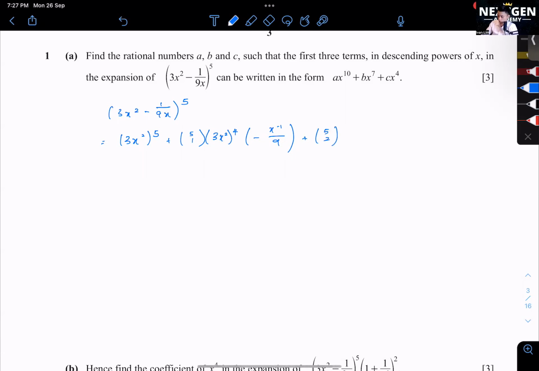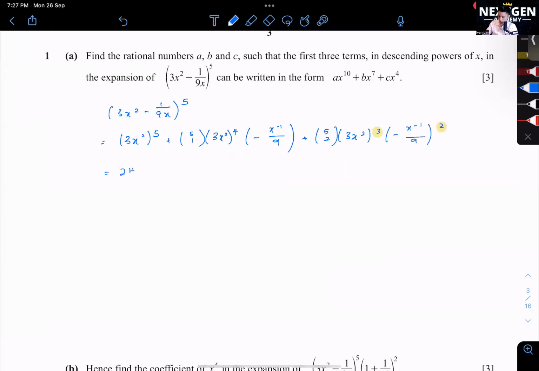Then 5C2 (3x squared) cubed times (minus x to the power of negative 1 over 9) squared. One note I always remind you: always look at your total power and make sure it adds up to the n value, the original power. That's one of the indicators to check whether you're correct.